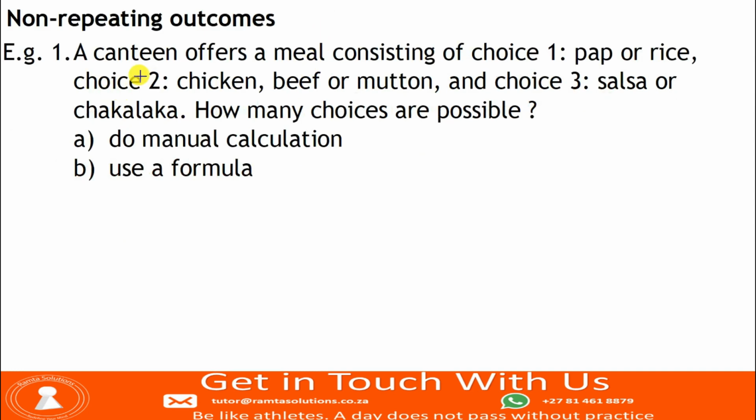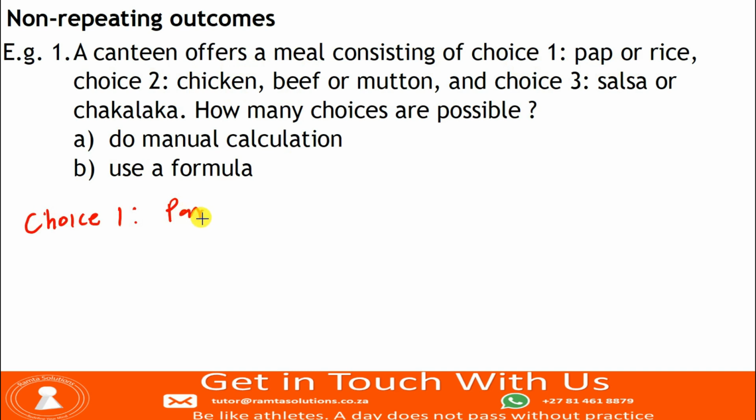For our examples, we're going to look at non-repeating outcomes as the first example. A canteen offers a meal consisting of choice 1, pap or rice. This is choice 1.